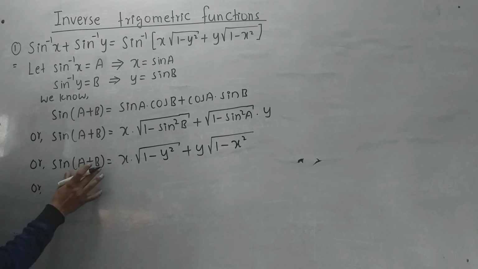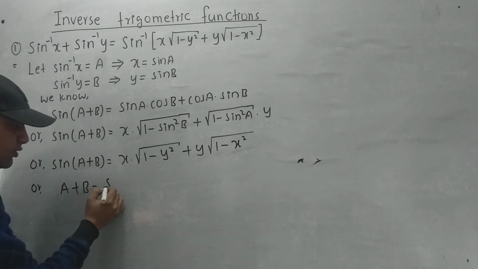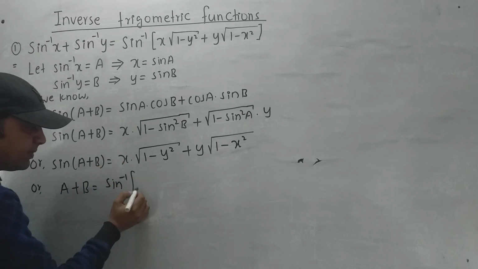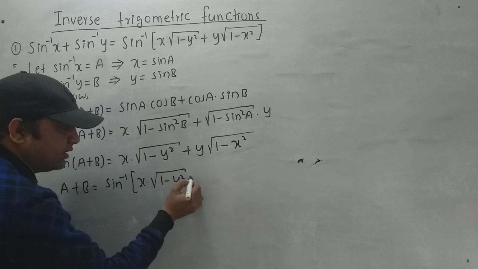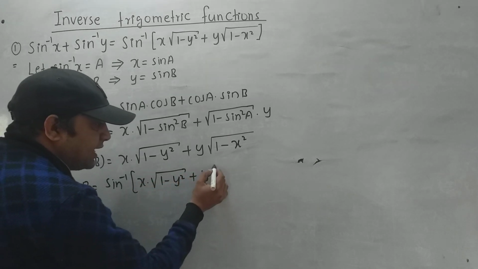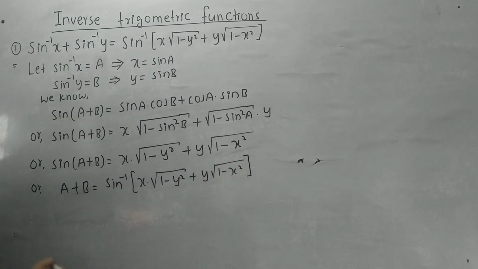You leave A plus B on the left hand side, so A plus B equals, on the right hand side, sine inverse of x times under root of 1 minus y square plus y times under root of 1 minus x square. So now we are leading to the final conclusion.